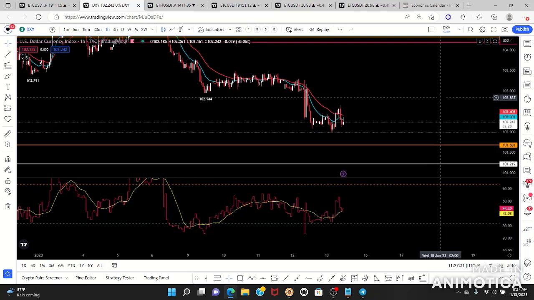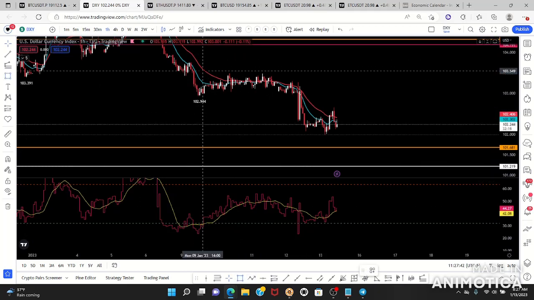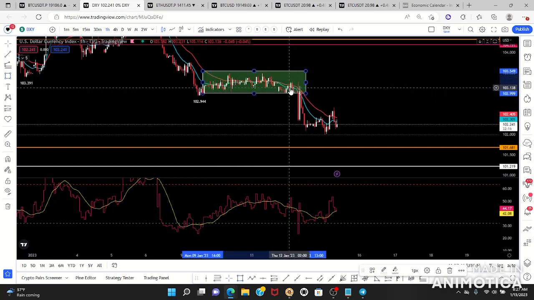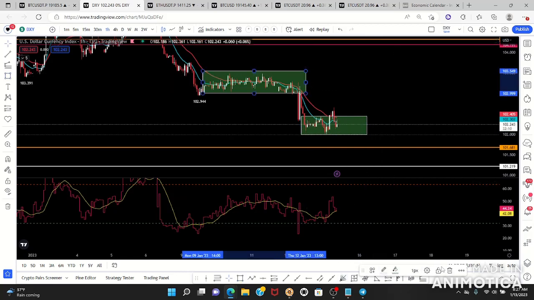I'm looking at the 1 hour. So we're definitely in a contraction phase within the DXY. Again, the way the chart moves, you have contraction, you have a trend, and right now we're going through a contraction phase in the DXY also.